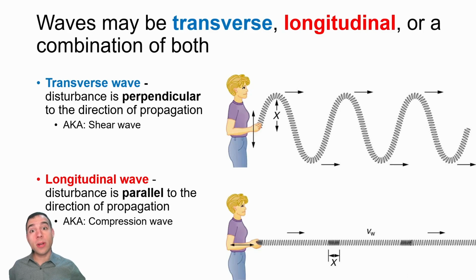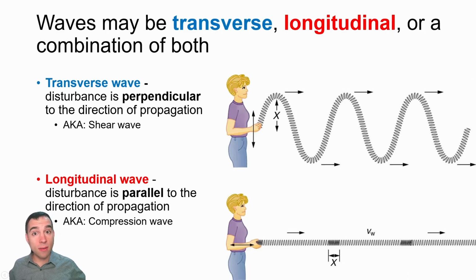There are also different directions that disturbances can exist in for some medium. So we have two major types of waves called transverse waves, where the disturbance direction is perpendicular to the actual direction that the wave is moving, versus a longitudinal wave, which has an amplitude in the same direction, parallel to the direction of the wave speed or the wave velocity.